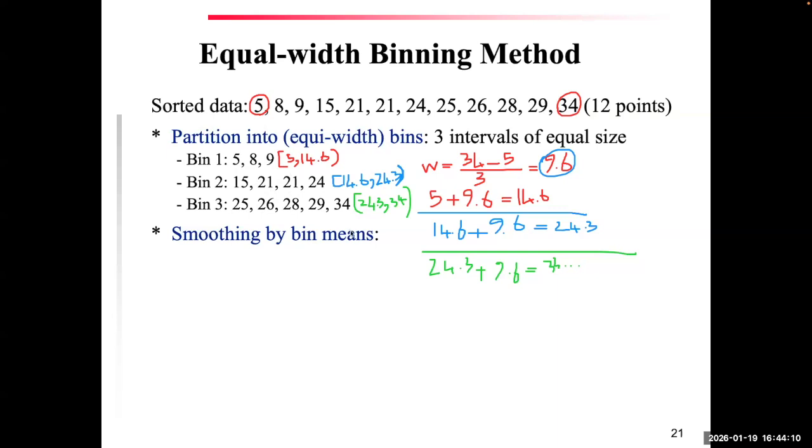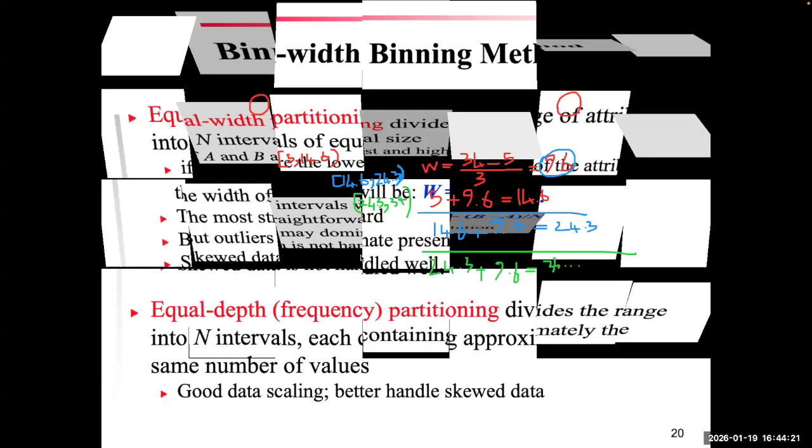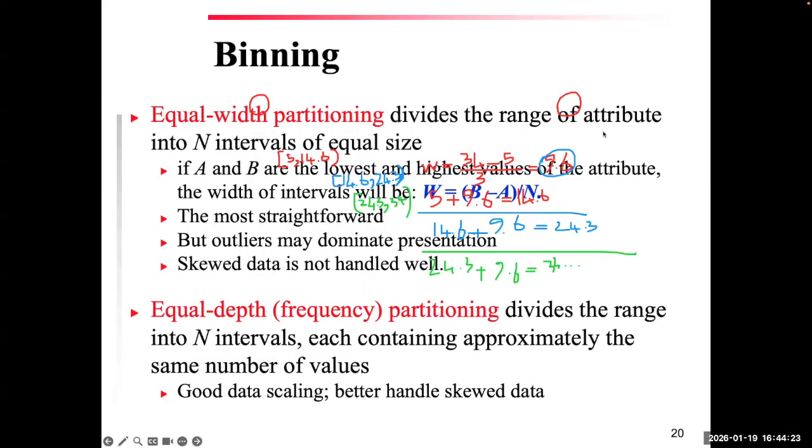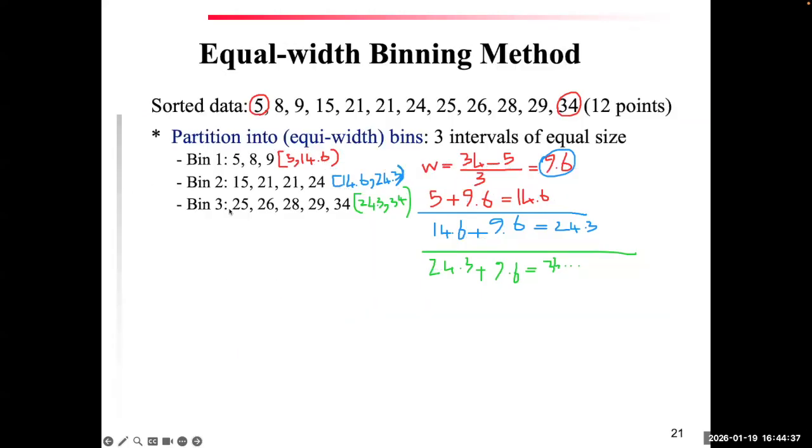Now, after we do this, the next step is smoothing by bin means. So back to the previous slide, if you see the definition here, I mentioned that we divide the range of attributes into n intervals of equal size. You find width with this formula, and then as you see here, we can use, for example, smoothing by bin means or by bin median or boundaries and so on.